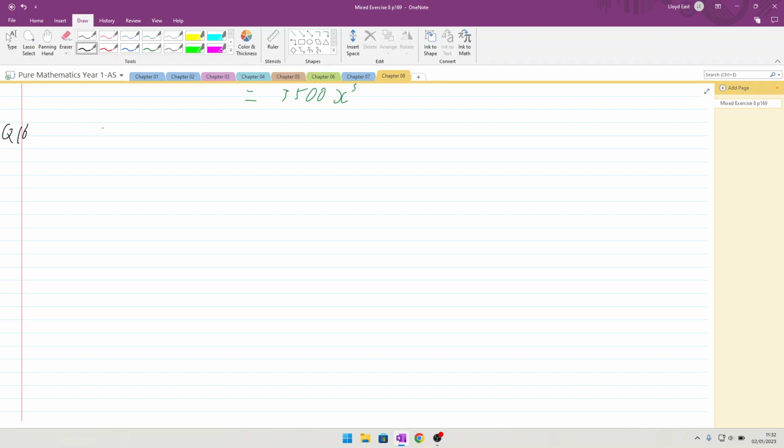It says (2 plus x) to the power 5 plus (2 minus x) to the power 5 is equal to a plus bx squared plus cx to the 4. And they want you to find the values of a, b, c.